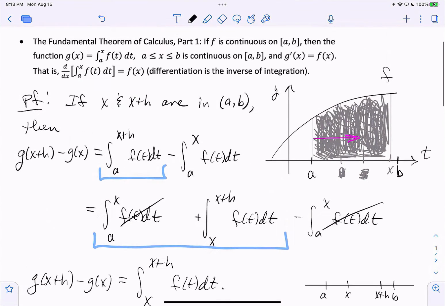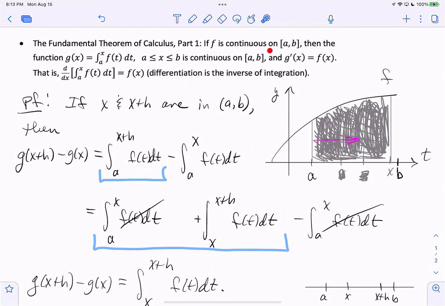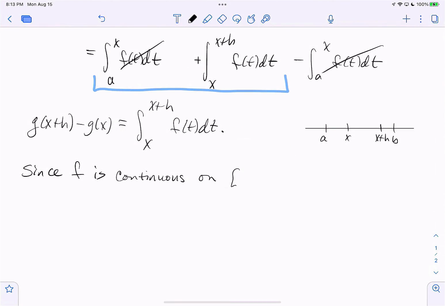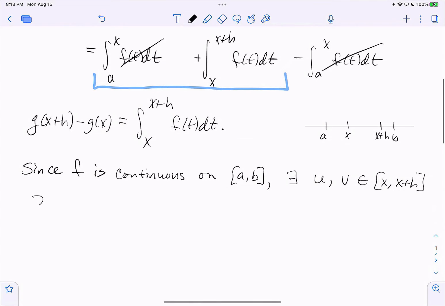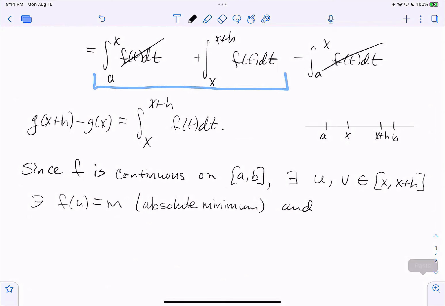Now we said in the statement of the theorem that f is continuous on the interval from a to b. There then exist two numbers, u and v, in the interval from x to x plus h, which is inside of a b, such that f of u is equal to lowercase m, which I'm going to call the absolute minimum, and f of v is equal to uppercase M, which I'll call the absolute maximum.